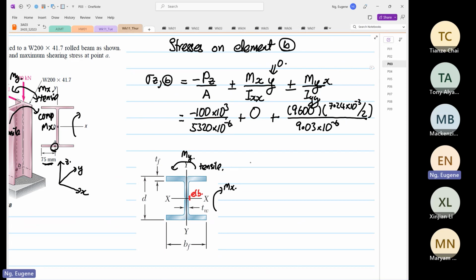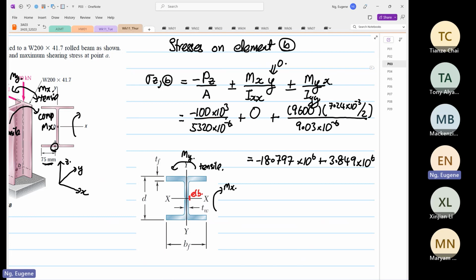So this will give us minus 18.797 times 10 to the power 6, plus 7.24 times 10 to the power minus 3 divided by 2, times 9600, divided by 9.03 times 10 to the power minus 6, which is equal to 3.849 times 10 to the power 6.